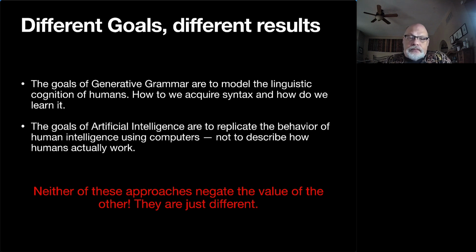So I think that's one of the problems with the initial question that I started this video with. Do large language models falsify generative grammar? No, they've actually got different goals. They have different purposes. So no, they don't falsify it, and they are not the same. They don't do the same things.